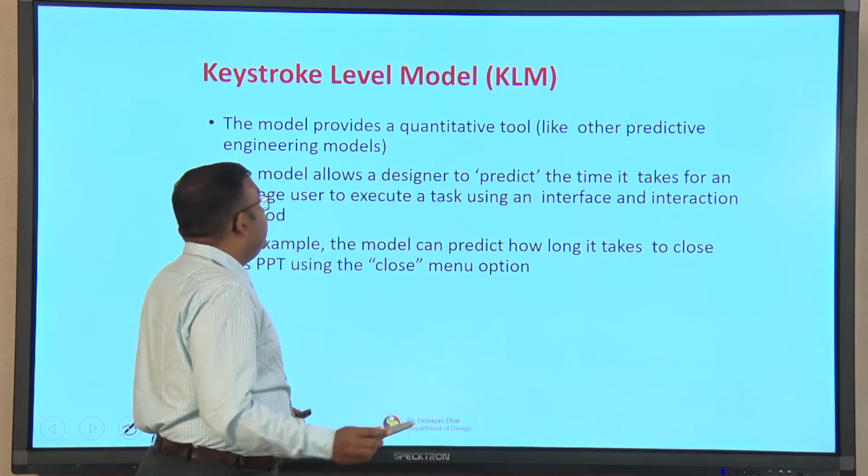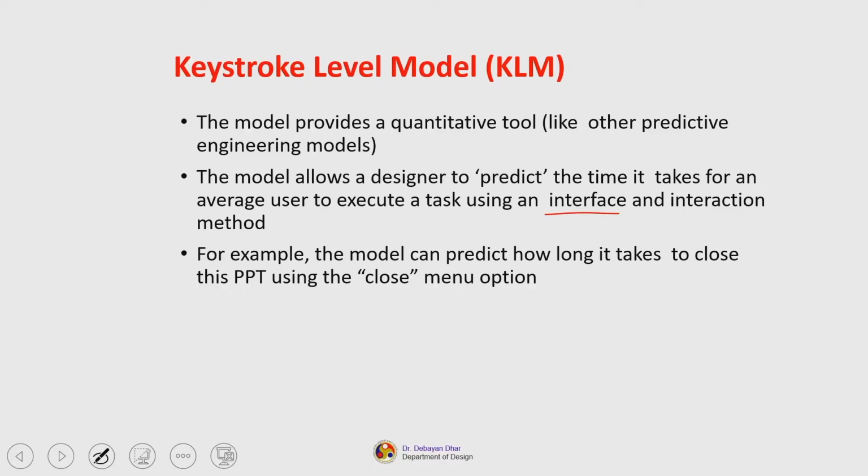So, you have the interface and then you have the interaction method, when there is a trigger and there is a response, right, and the idea is to see how much time is being taken to execute a task. So, for example, the model can predict how long it takes to close this PPT that we are looking at right now using the close option from the menu. How much time? We can see to it, right.